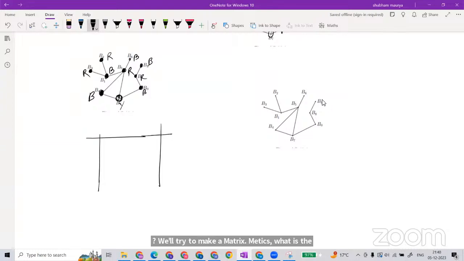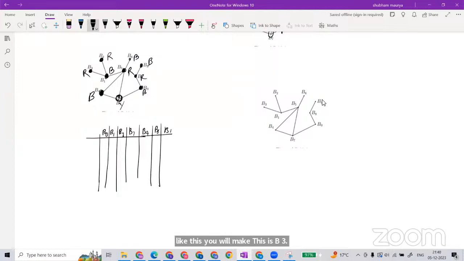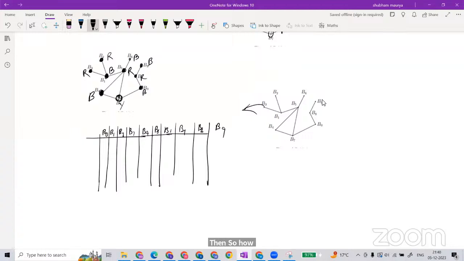What is a matrix? A matrix is an array, and in that array you fill in numbers. Note how many vertices there are: B1, B2, B3, B4, B5, B6, B7, B8, B9. I list them out in this fashion along the rows, and again in this fashion along the columns.